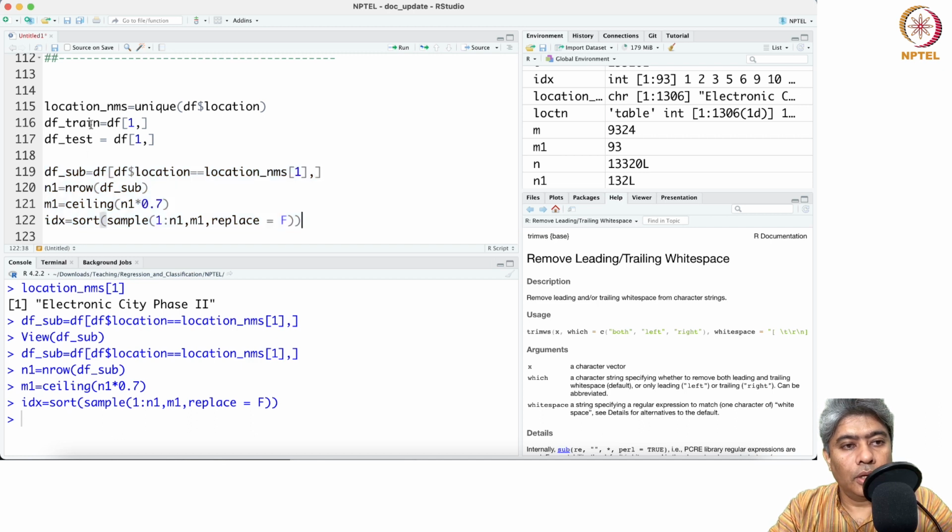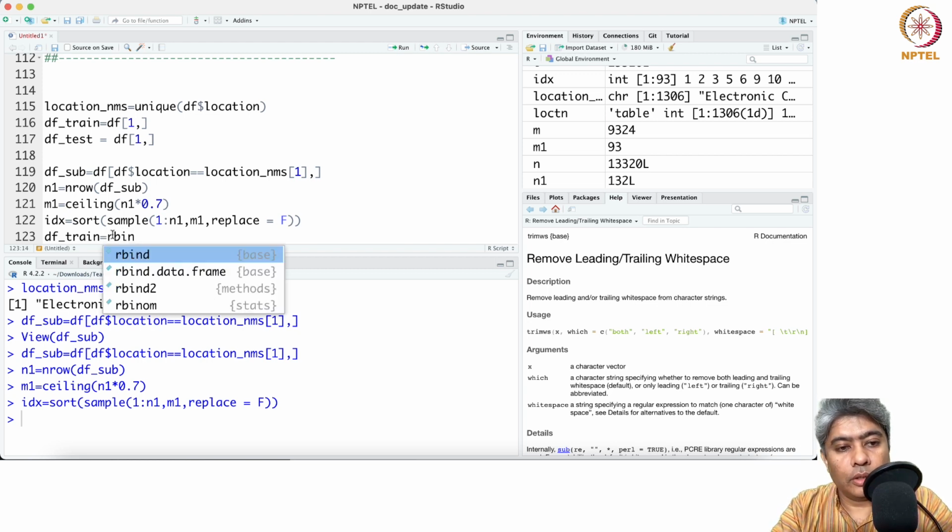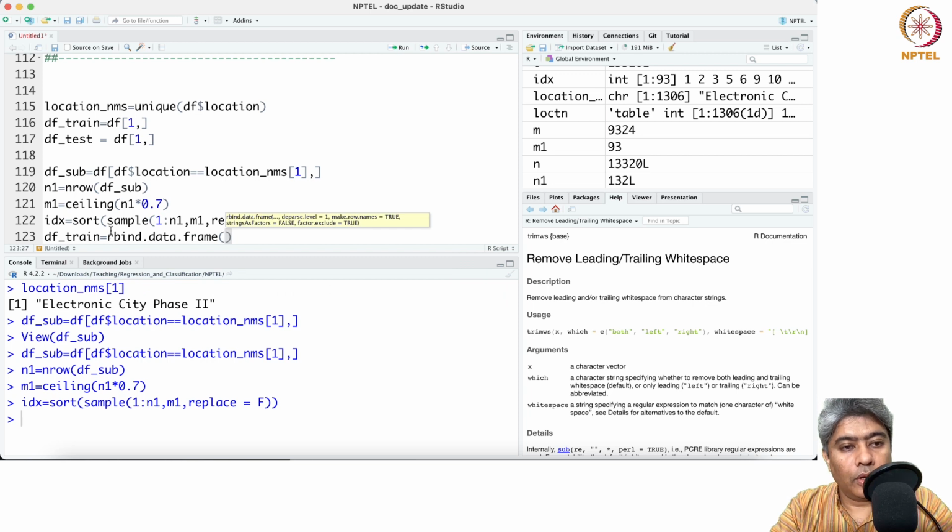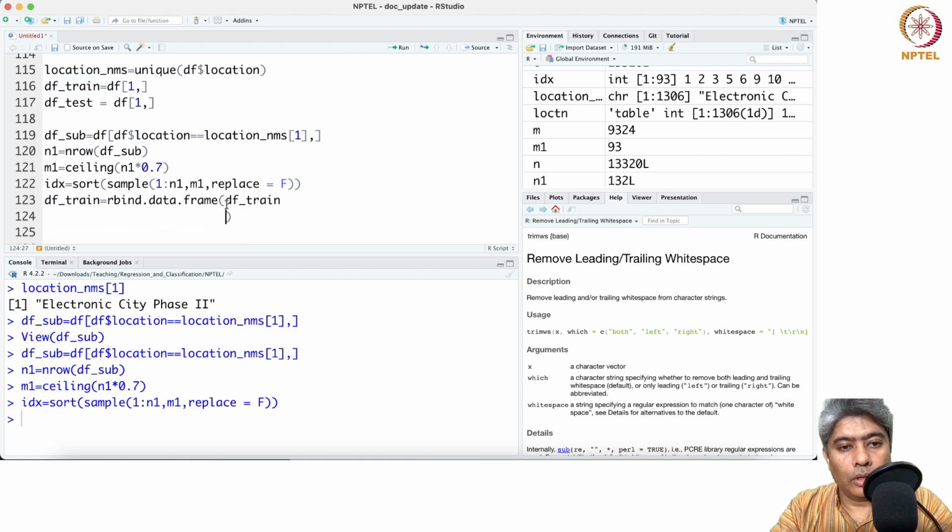Then df train is equal to rbind dot data dot frame of df train, comma, df sub with idx that we have here.